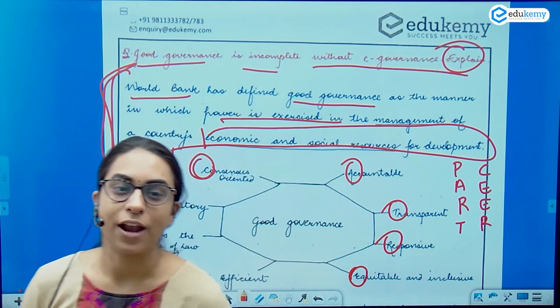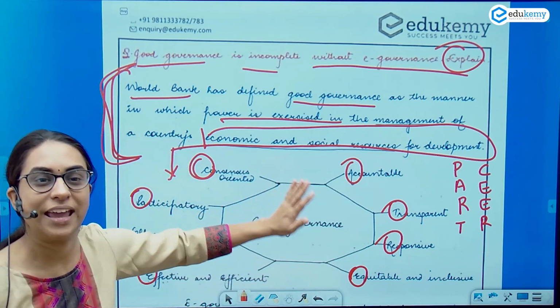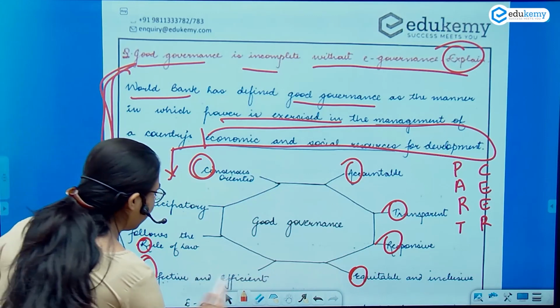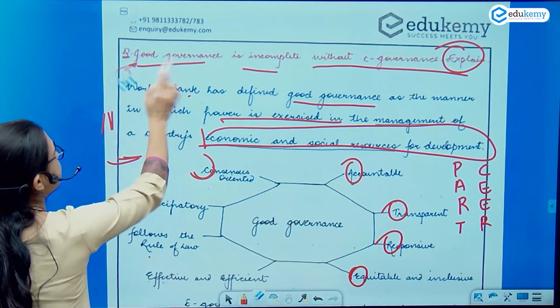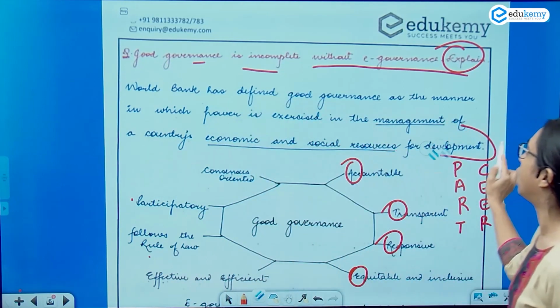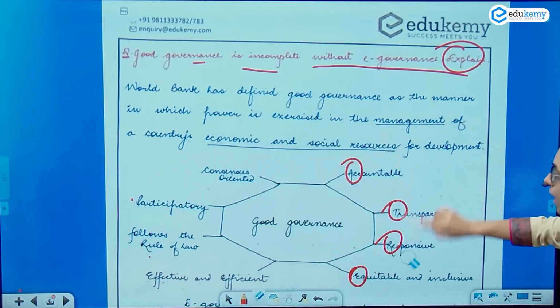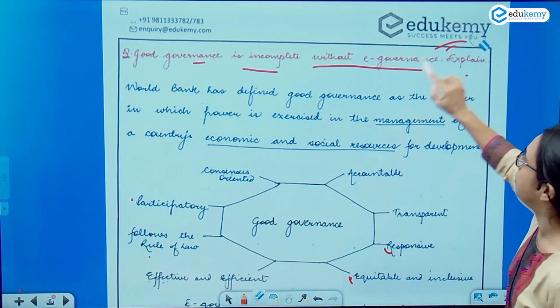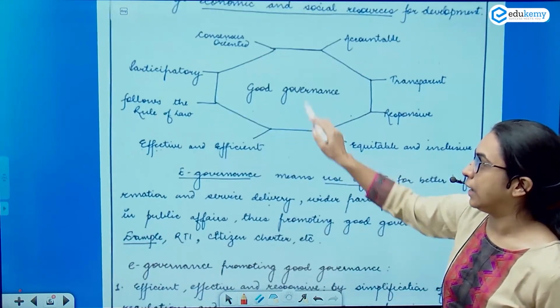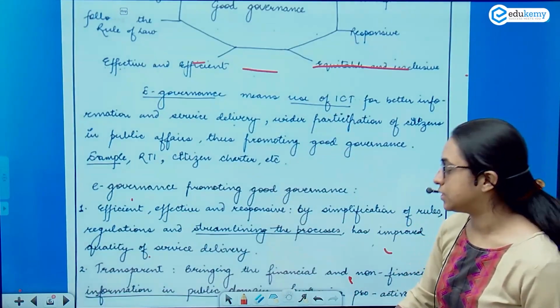So the parameters of good governance are PARTCEER. With this, in the introduction, we have defined that good governance means the usage of power responsibly, and these are the parameters of good governance. Then you can say e-governance.